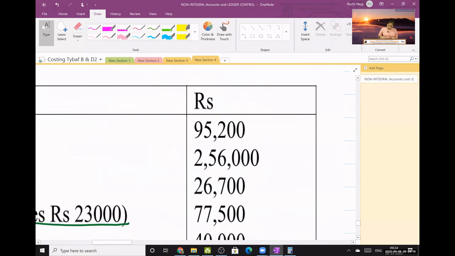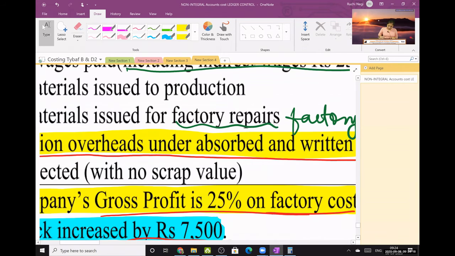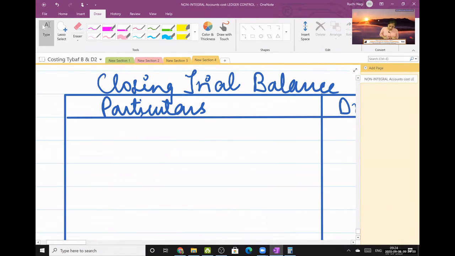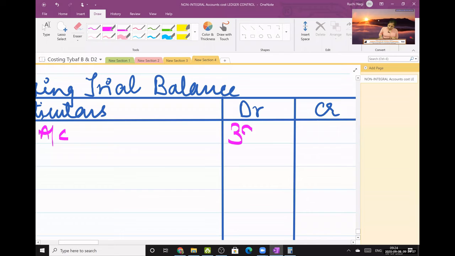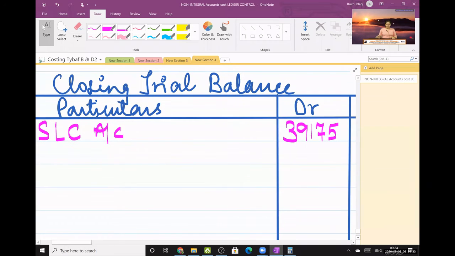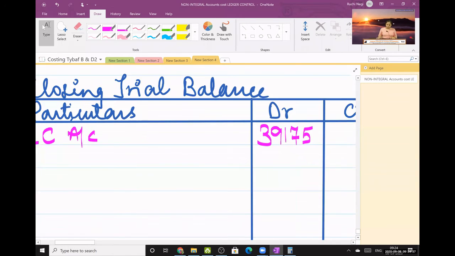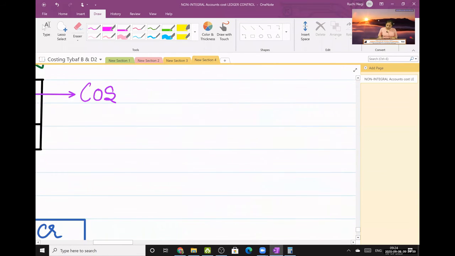In the trial balance, the second effect of this is right here, SLC account, yes, 39,175. Next.